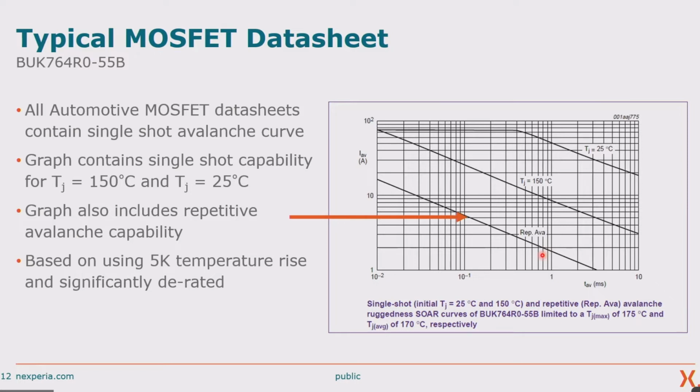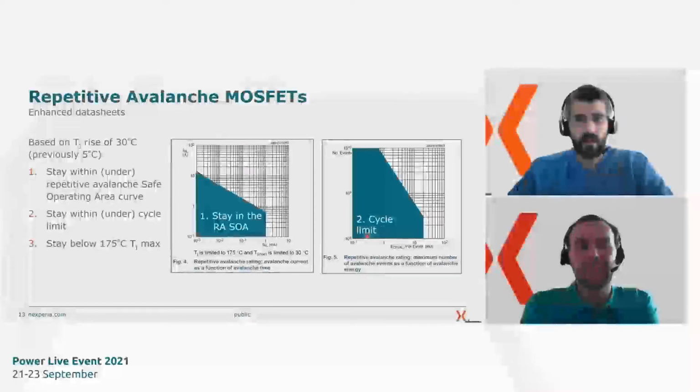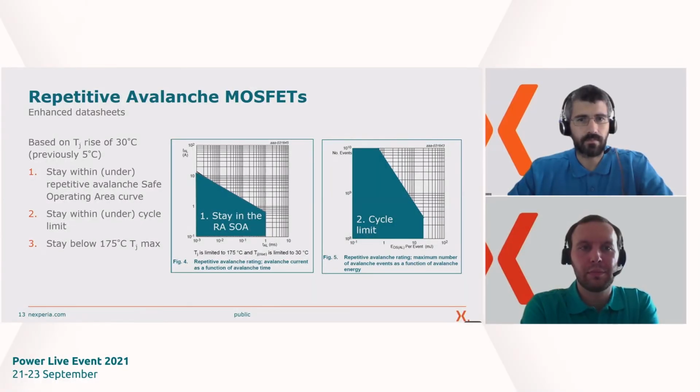It's based on 5 Celsius junction temperature rise only. So in turn, Nexperia's repetitive avalanche application-specific MOSFETs provide a better insight into this capability. It's based on a 30 degrees increase, and a safe operating area is drawn based on the current and time of avalanching.